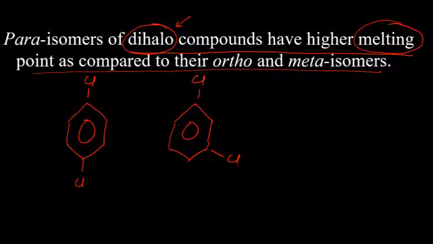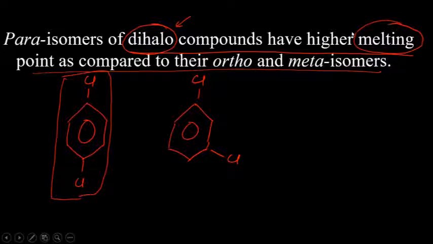So remember, para isomers of dihalo compounds have higher melting point as compared to their ortho and meta isomers because of symmetry. These have greater contact surface area. Yes, due to symmetrical nature.